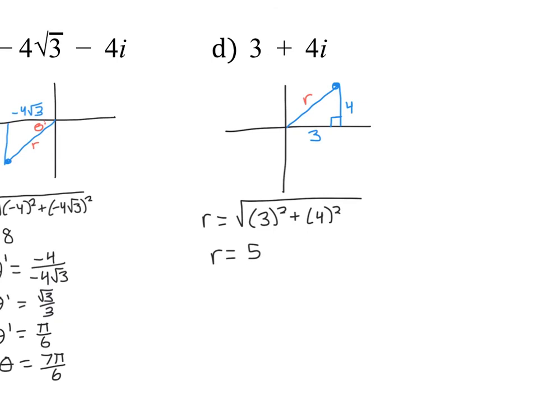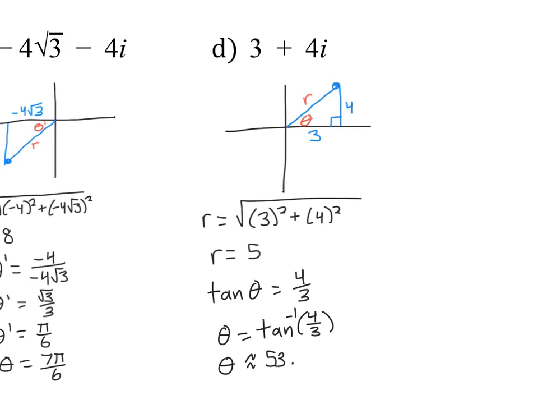And now let's find theta. So the tangent of theta is 4 over 3. You'll notice that this is not a unit circle angle, but we can use our calculator to give us a decimal approximation for the arctangent of 4 over 3. So for theta, we get approximately 53.1 degrees.